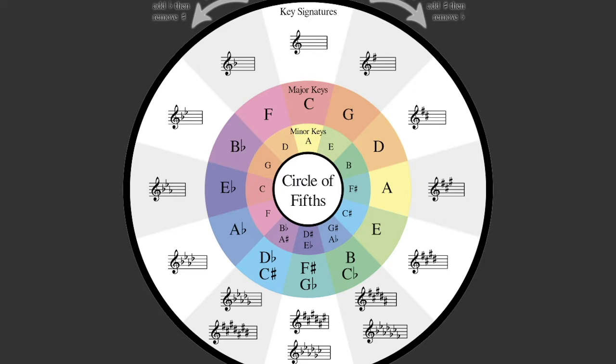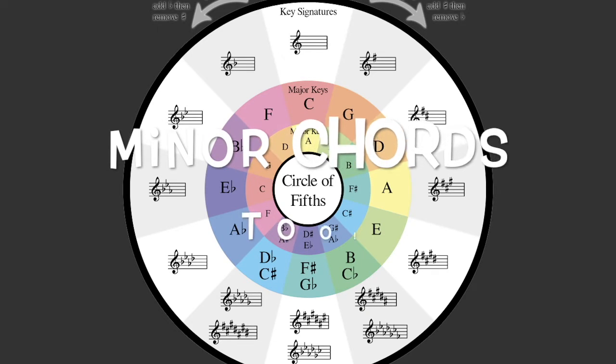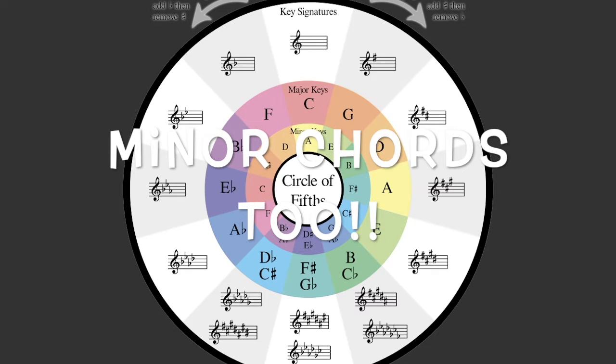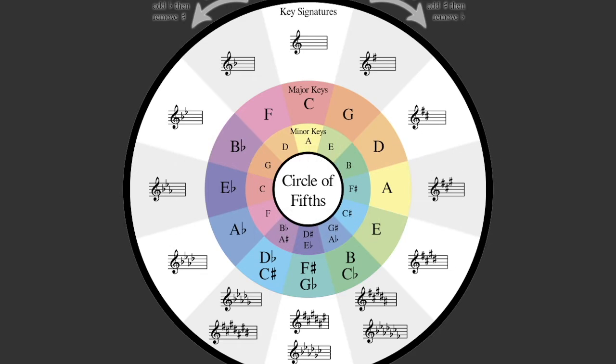We do the exact same thing with the minor chords. You'll have C minor, G minor, D minor, A minor, E minor, B minor, F sharp minor, C sharp minor, A flat minor, E flat minor, B flat minor, F minor, and back to the C minor.